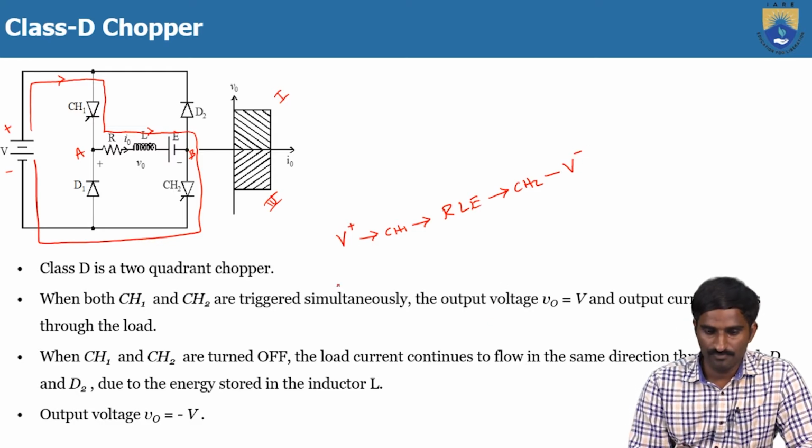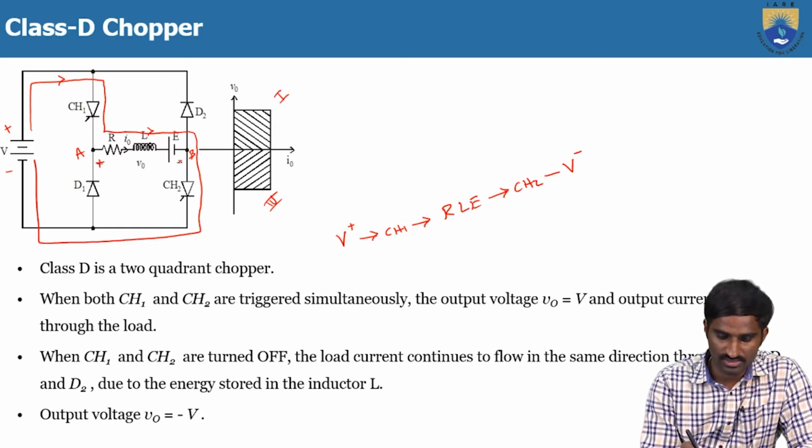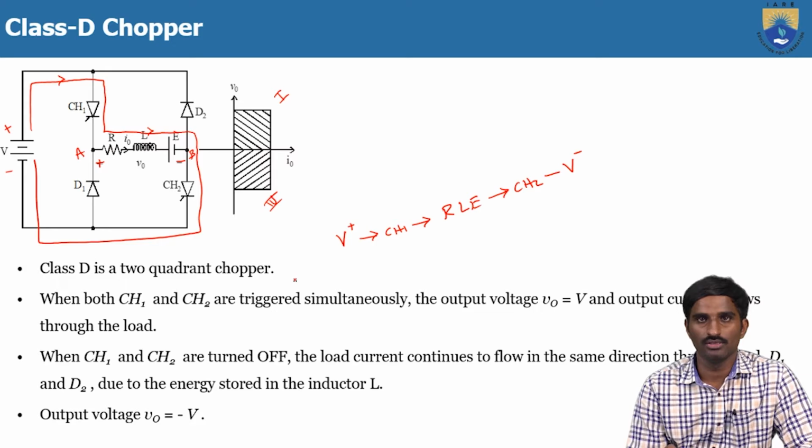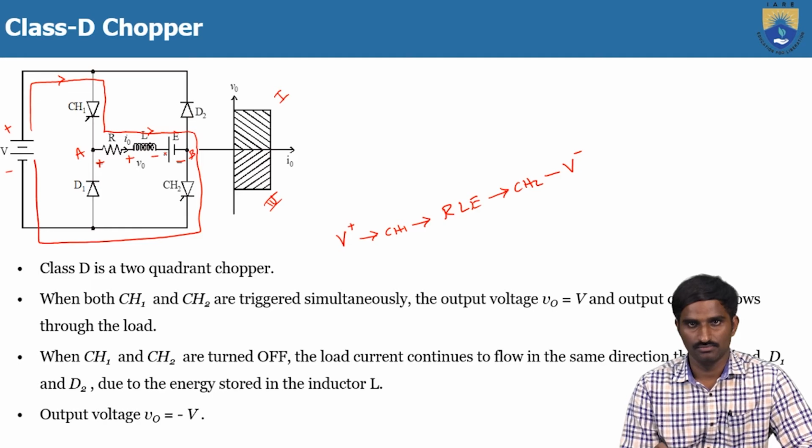During this time the voltage across the load is plus and minus, and the inductor gets charged and stores energy with the polarities plus and minus.